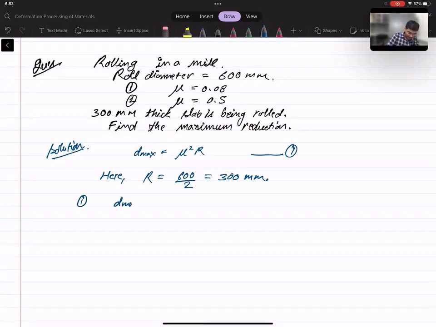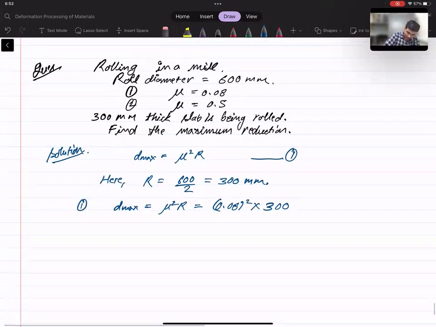Therefore, in the first case, Dmax will be mu square r, where mu is 0.08, squared, into r, which is 300. Upon calculation, we get this value as approximately 1.92 mm. So this is the maximum reduction possible.